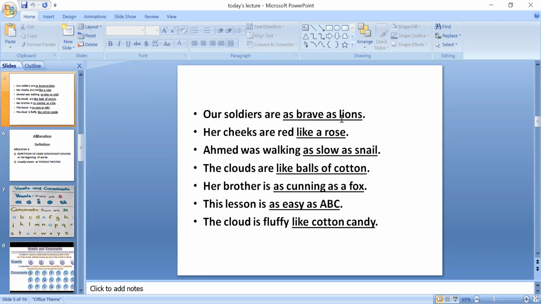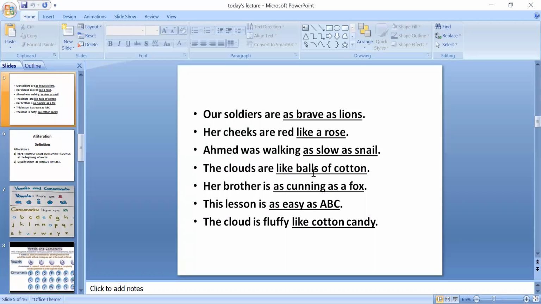You can see these underlined phrases. These are beginning with as and like. You can see: our soldiers are as brave as lions. Her cheeks are red like a rose. Ahmed was walking as slow as a snail.